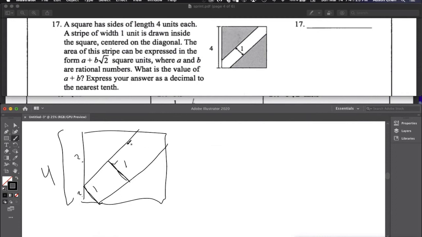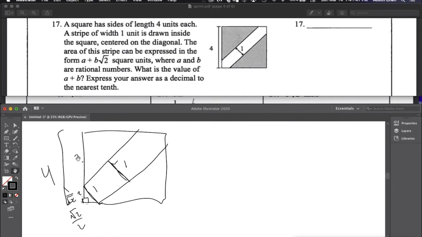Because this has to be a 90-degree angle and our stripe is symmetrical about the square. So because it's 45, 45, 90, this edge is going to be 1 over root 2. If you rationalize 1 over root 2, you have root 2 over 2.